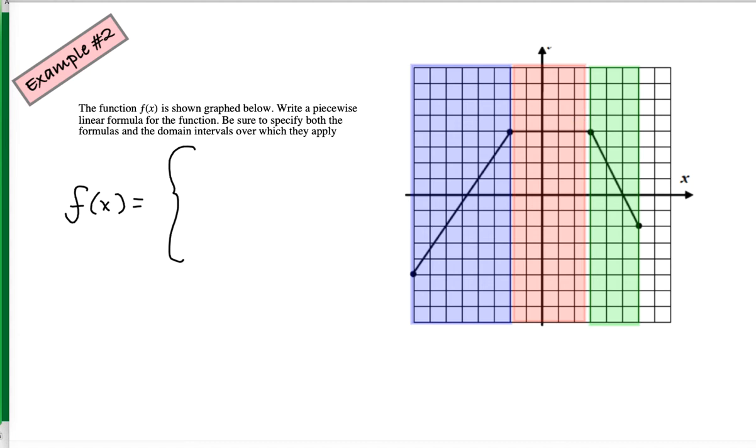Working with the blue color, it is going from, let's see, 1, 2, 3, 4, 5, 6, 7, 8. This seems to be going from negative 8, and I'll tell you why I say seems to be, to negative 2.